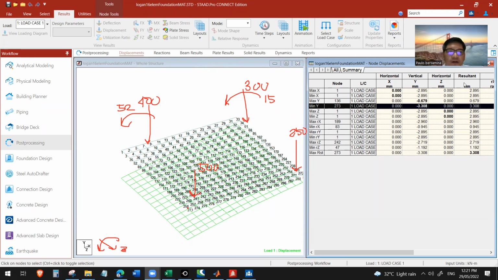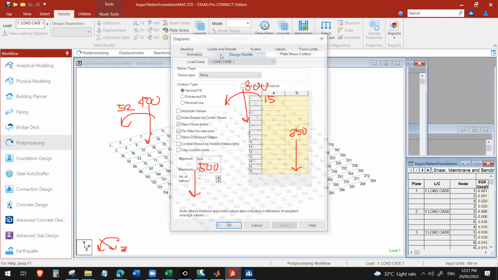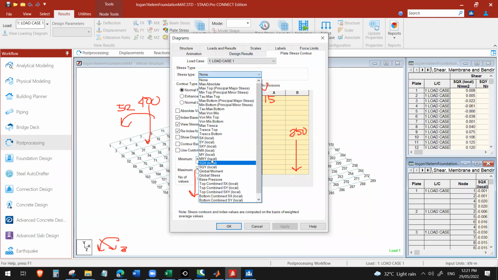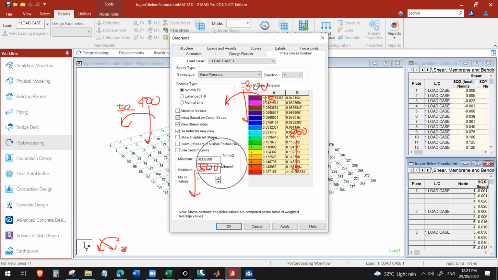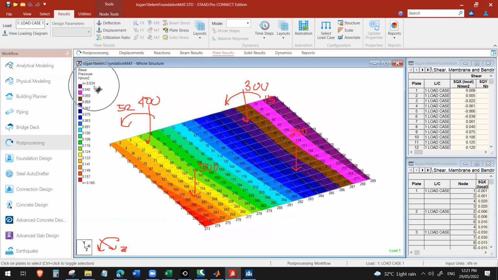That's for displacement only. How about the base pressure? So plate results, base pressure. Here it's 34 kilopascal up to 165.